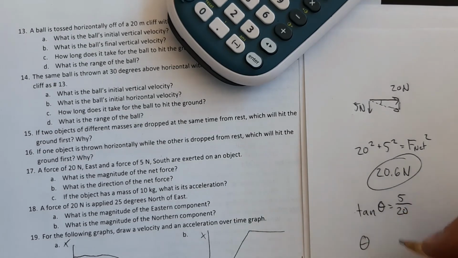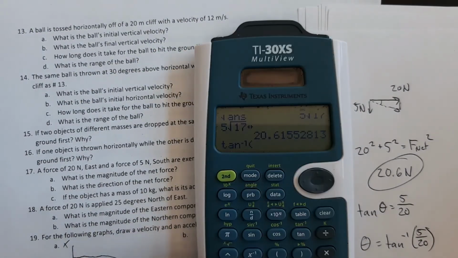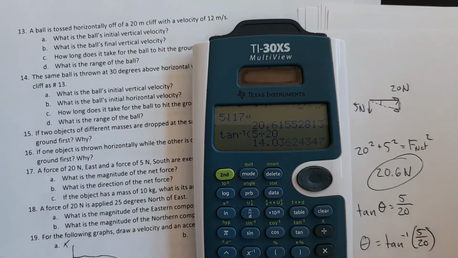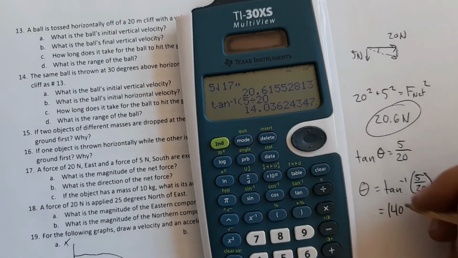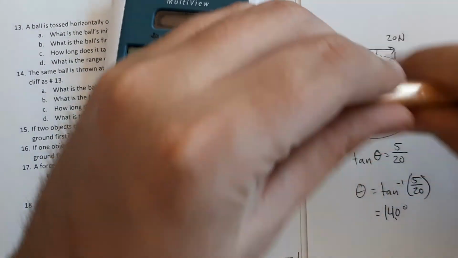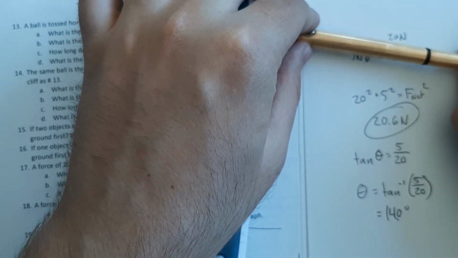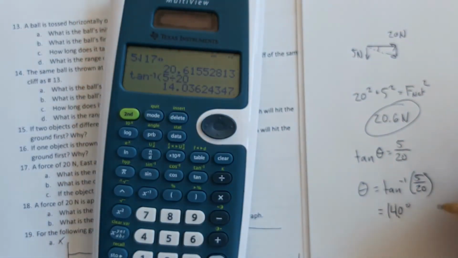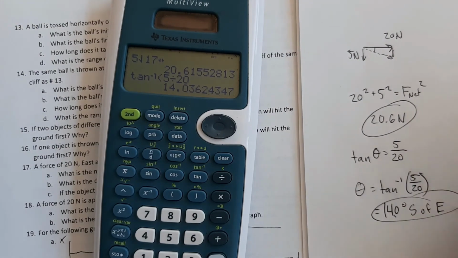So looking for theta, we're taking the inverse tangent of 5 over 20, and we end up with 14.0 degrees. Which direction is that going? Our cardinal direction for our adjacent side is to the east, and it's being pulled to the south of there. So this would be 14 degrees south of east.